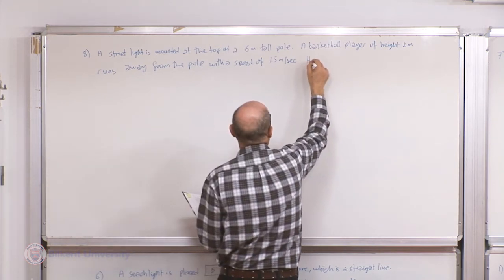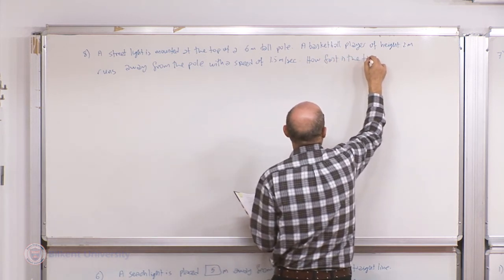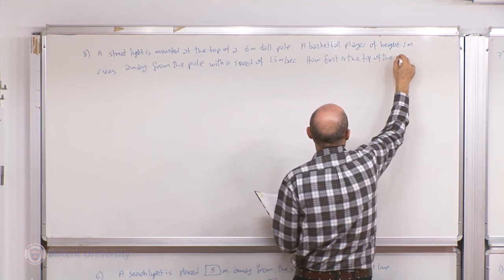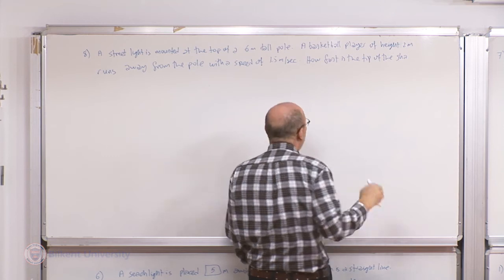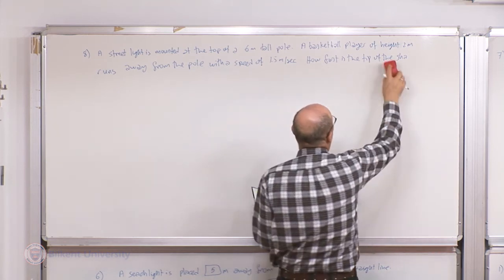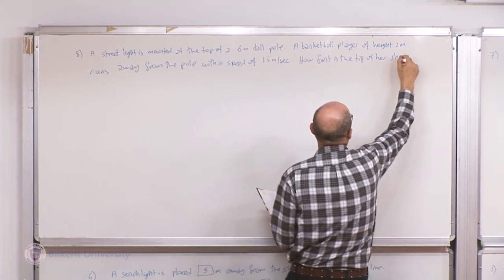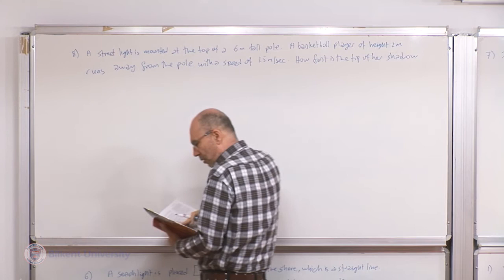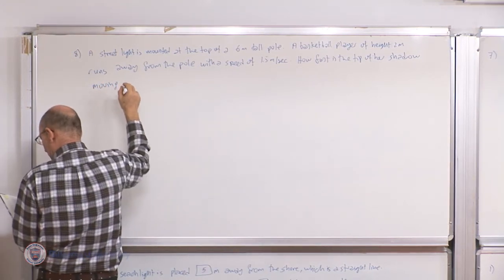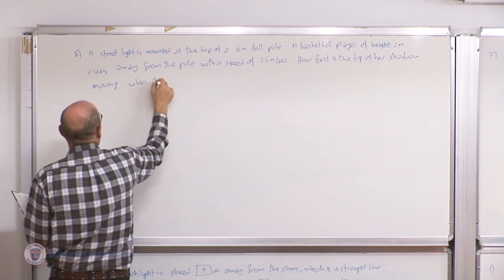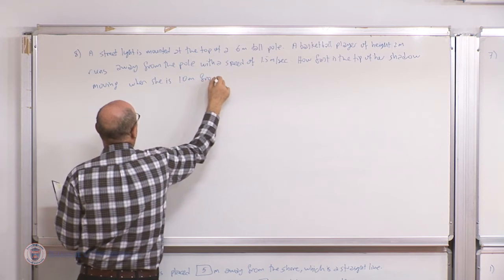How fast is the tip of her shadow moving when she is 10 meters from the pole.